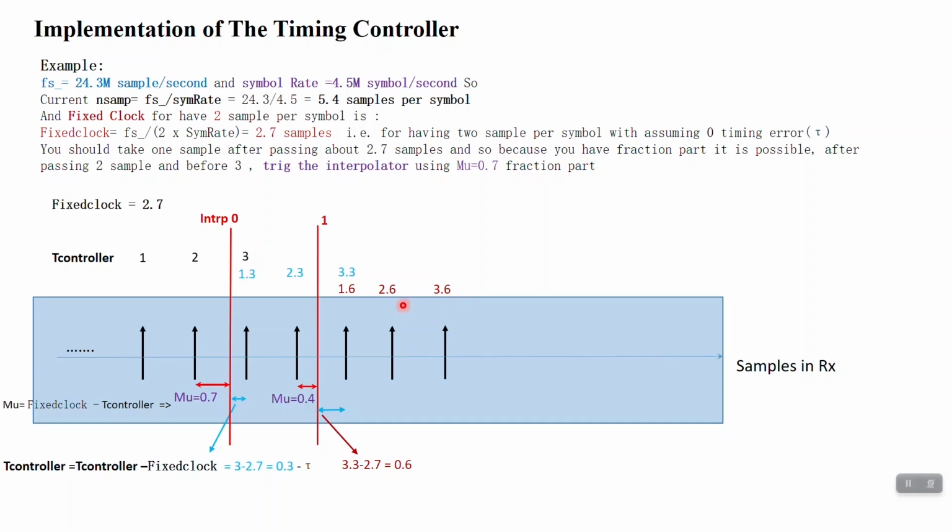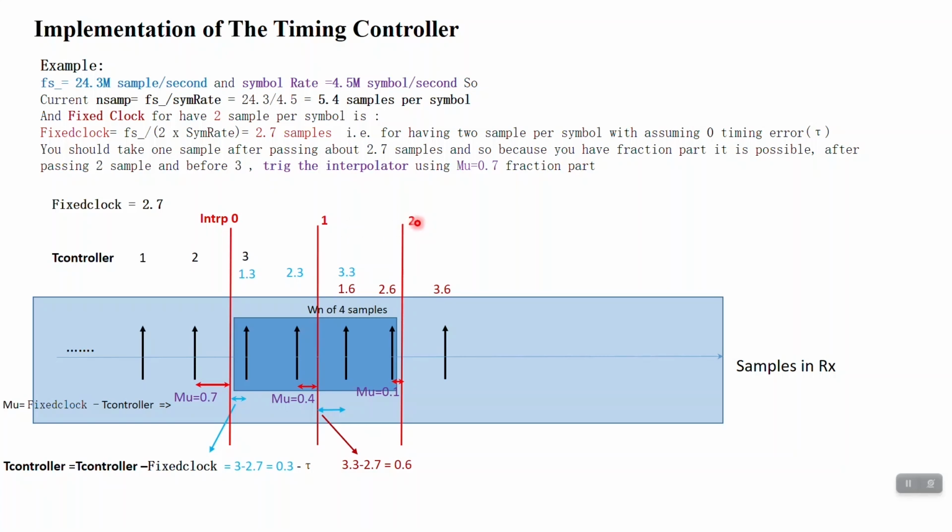So again, this value is greater than 2.7, and we go back to control a sample ago and calculate the mu, and by this formula, mu for interpolation is about 0.1, and use the window of these samples for interpolation by this mu value, and interpolate the number 2 sample.